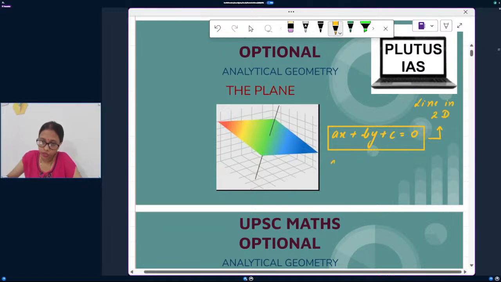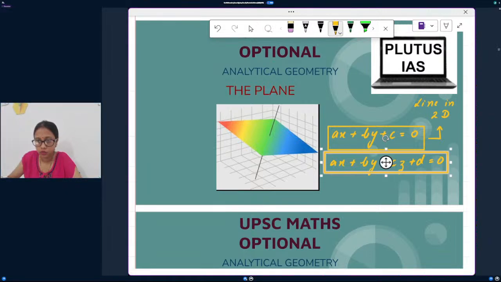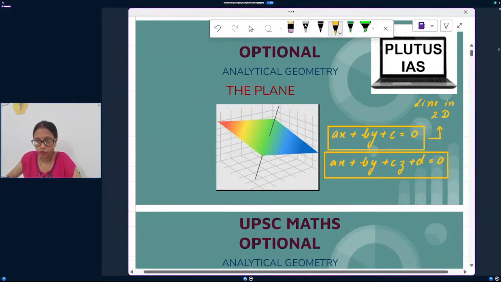And if I increase a variable, ax plus by plus cz plus d equals 0, that is plane in 3D. Obviously, the concept of plane is in 3D only. The concept of line is in both 2D and 3D. But concept of plane is in 3D only. In 3D, it represents a plane. It does not represent a line.